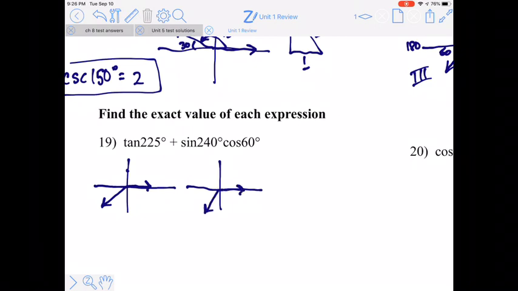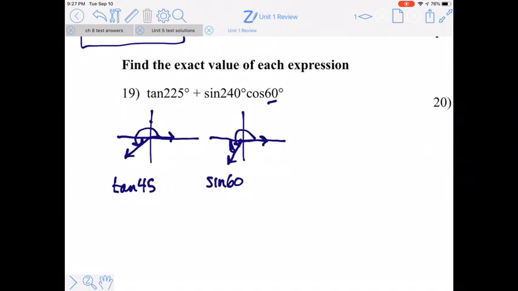It's right there. So it's 225, 240. 60 degrees, we don't need a reference angle with that one. So 225, the reference angle right there is going to be 45 degrees. So I'm going to consider tangent of 45 for that one. Now 240, the reference angle there would be 60. So I'm going to consider the sine of 60.